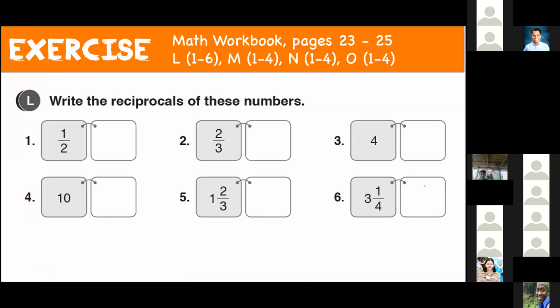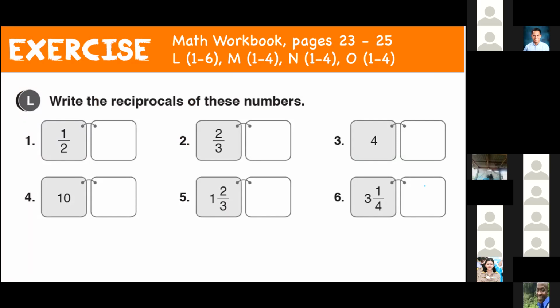Okay, for letter L, I'll just give you 3 minutes to answer. I think 2 minutes will do. And then we go to letter M, letter N, and letter O. After that, we're finished.